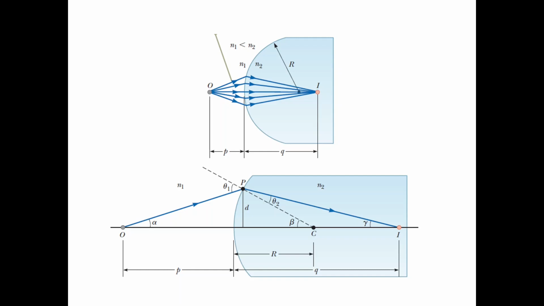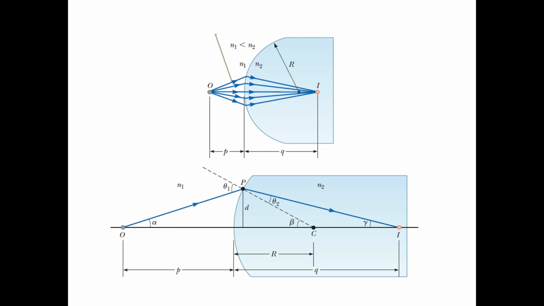So if we consider this scenario, we have some ray originating from an object, then it hits the surface of this interface between the first and second medium at some angle θ1.